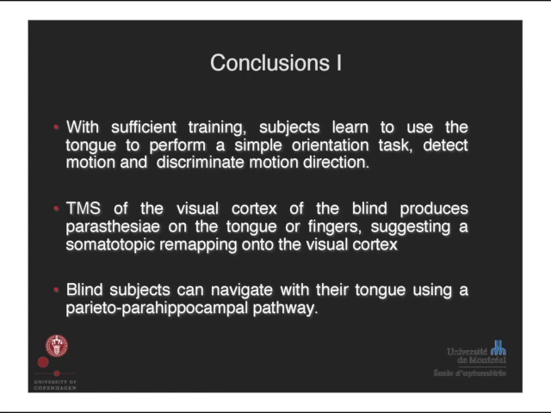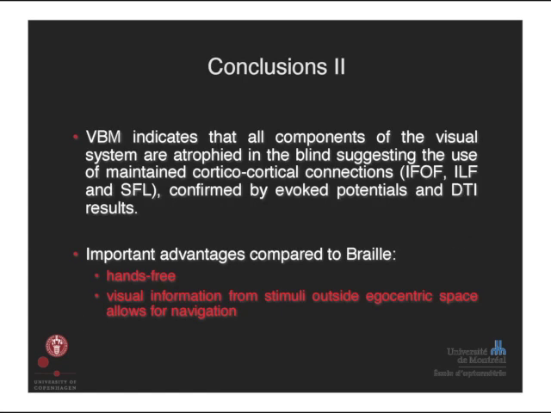This is more like supporting the deafferentation hypothesis, that the somatosensory system has taken over the visual cortex. And of course, navigation can be done by using this protopical pathway that I mentioned before. There are big changes in the connectivity of the blind's brain.